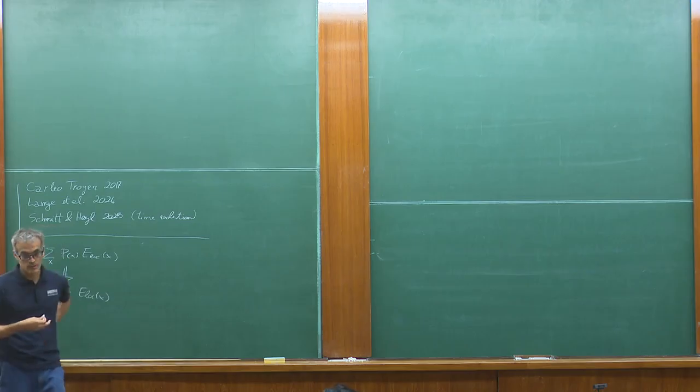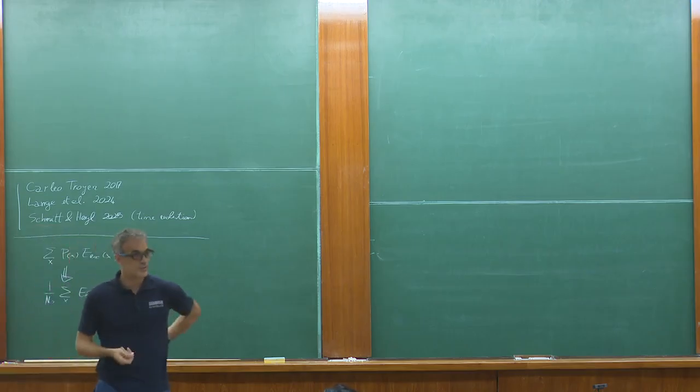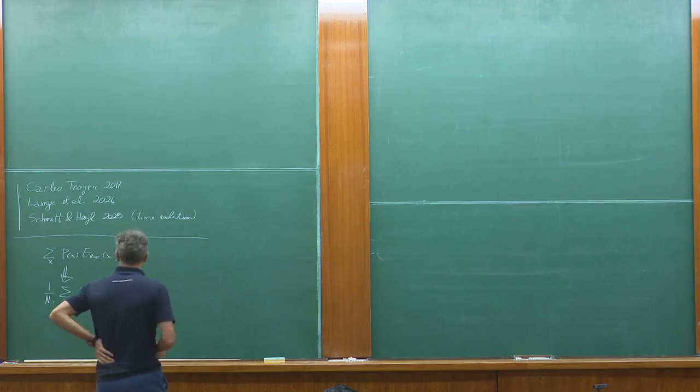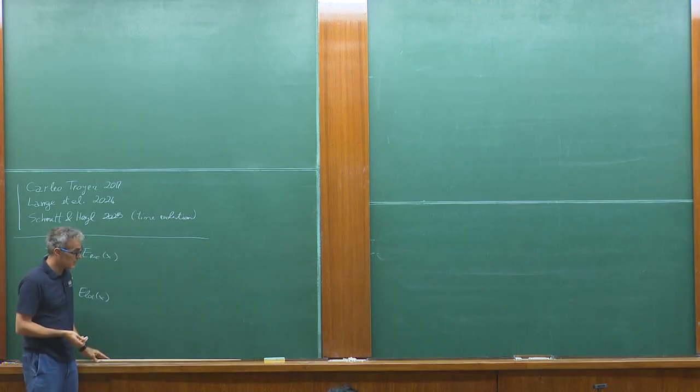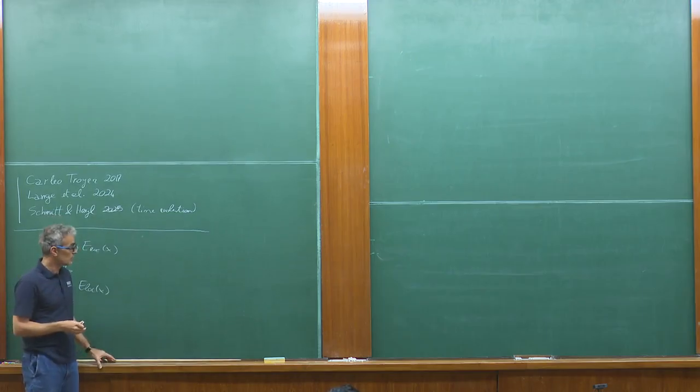How have you done it? How do you sample from the probability distribution? This is actually a very important question, and maybe I will spend a bit of time today to talk to you about this.